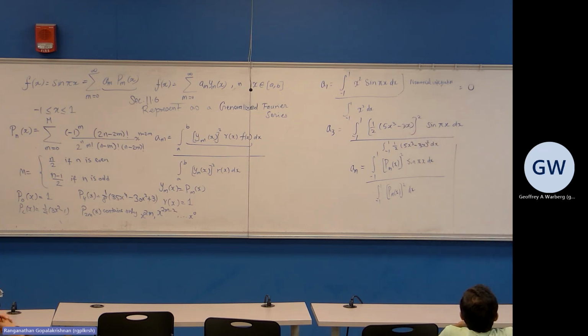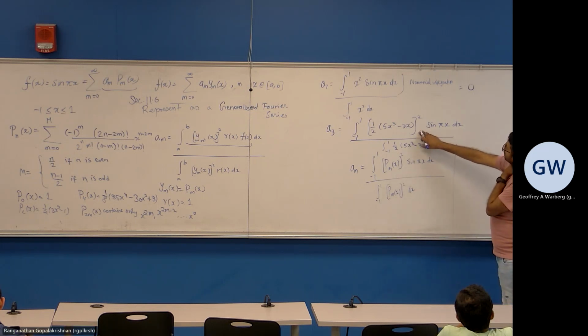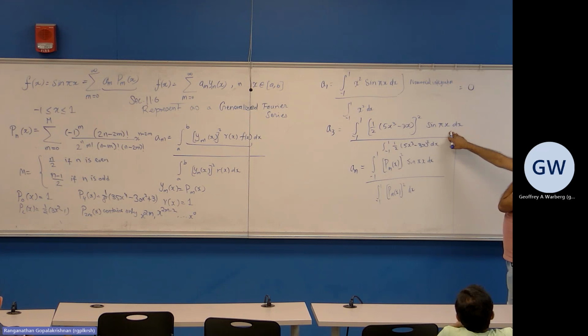So we are getting everything to be 0. That can't be right. This is even. This is odd. This is also 0. Okay.